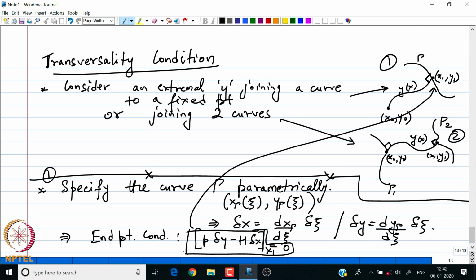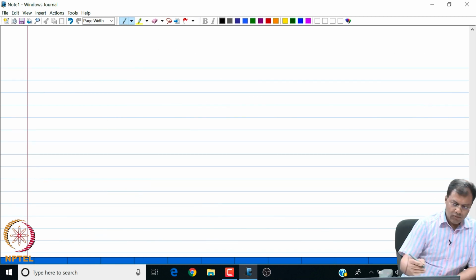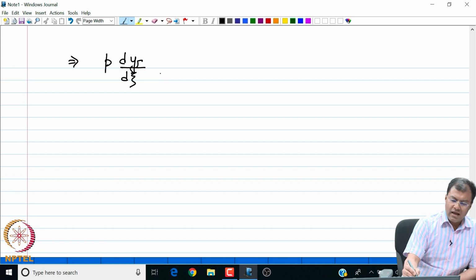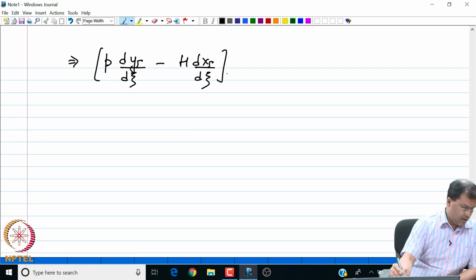I am going to replace my delta x and delta y since they lie on the curve, which means I get the following: p times dy gamma d psi minus h times dx gamma d psi, times d psi, is equal to 0.